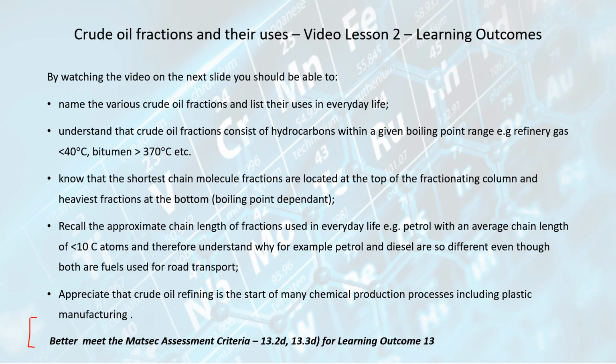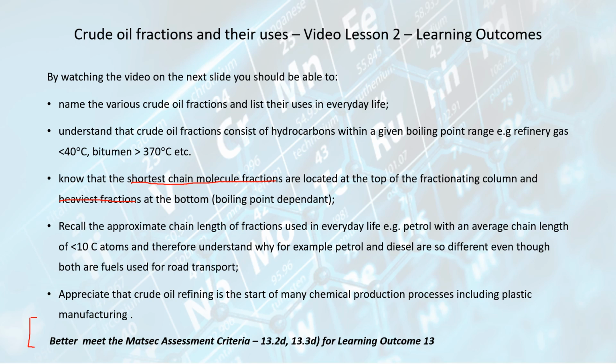Okay, so the molecule chain length will dictate how far up the column the hydrocarbons will go. So the shortest chain molecules are the ones that will move furthest up the fractionating column, and the heaviest fractions are the ones that will stick to the bottom of the fractionating tower or column.